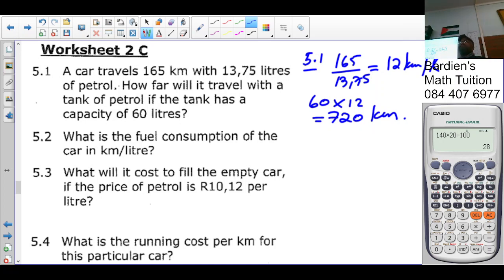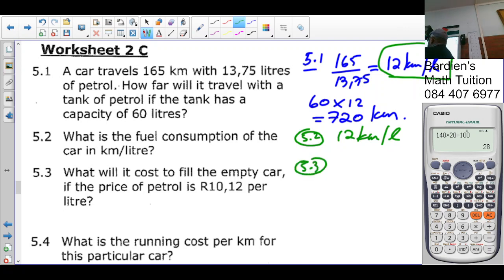Not so, people. Then 5.2. What's the fuel consumption of a car in kilometers per liter? We got that already. So it's 12 kilometers per liter.